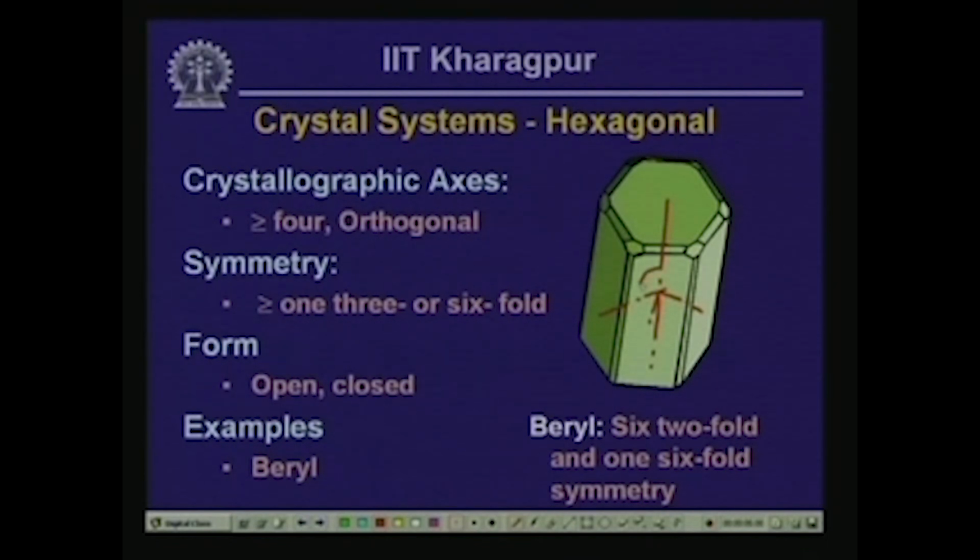These angles are going to be 90 degrees. That is not to say that the angles between the set of crystallographic axes in the horizontal plane are also going to be 90 degrees. They are going to be inclined to each other at 60 degree angles. Now, this type of crystal could again be open or closed.